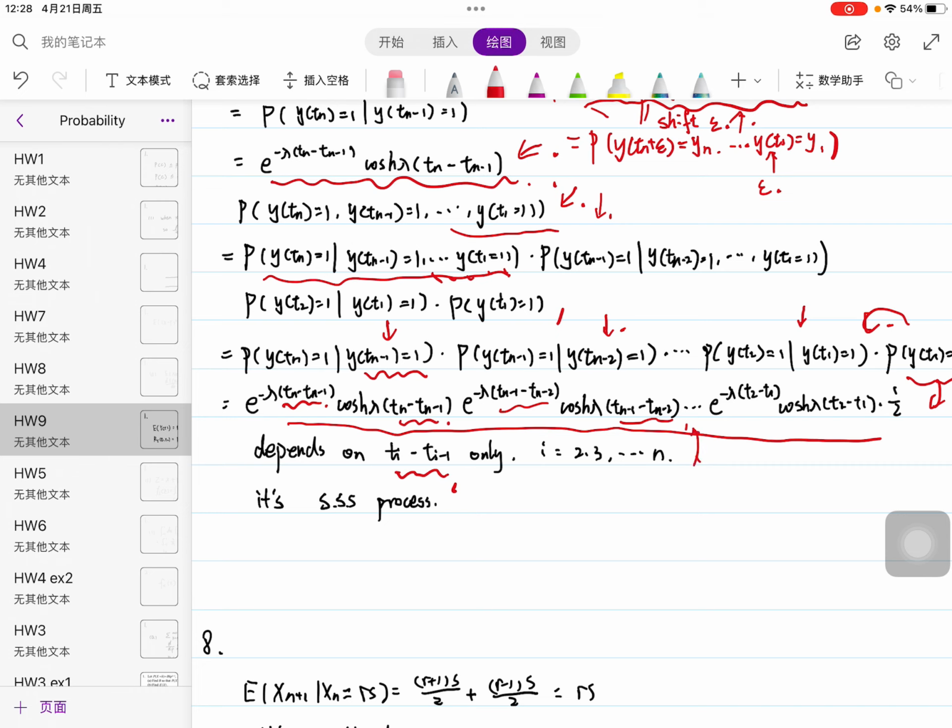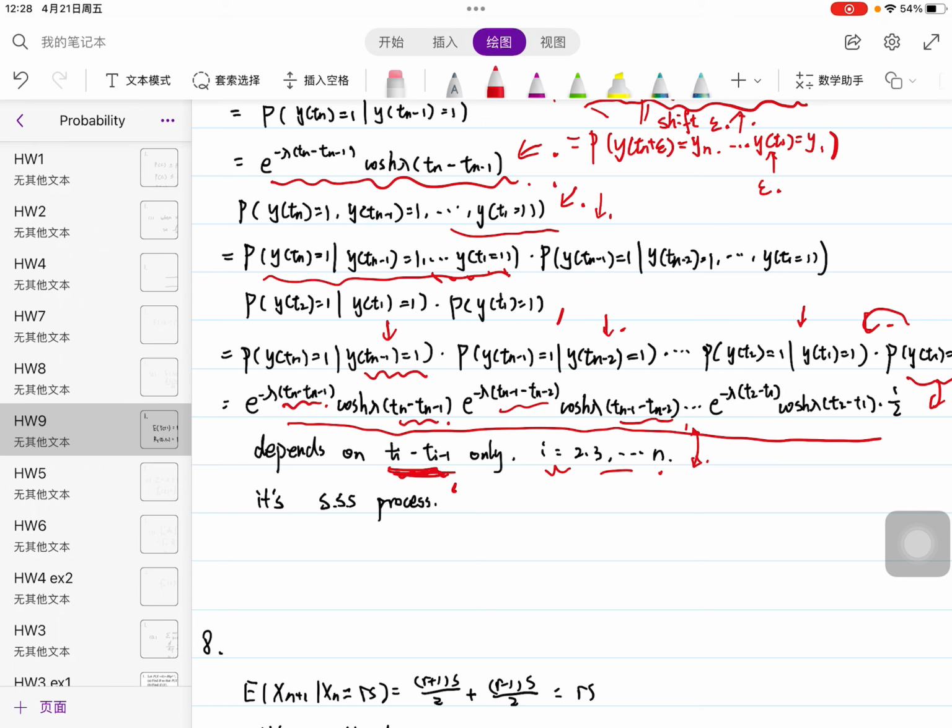So we only care about the interval between the previous and current time, that is, t(i) minus t(i minus 1), where i is from 2 to n.